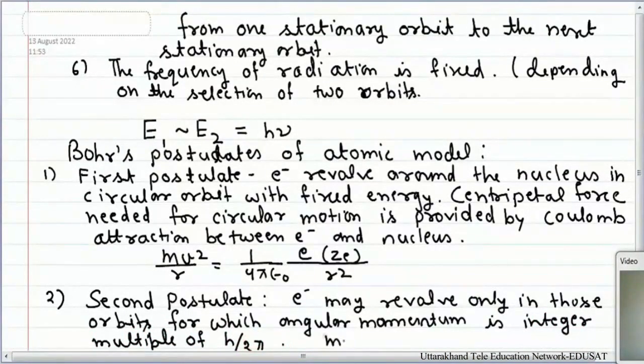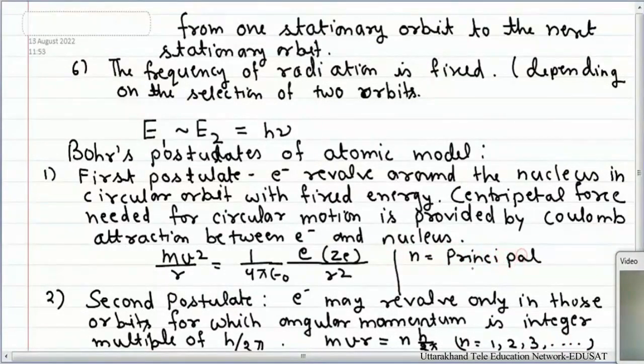It means that m v r, which is the angular momentum, must be equal to n h by 2 pi. h is Planck constant and n is the quantum number. n can take values 1, 2, 3 and so on, and this n is termed the principal quantum number.